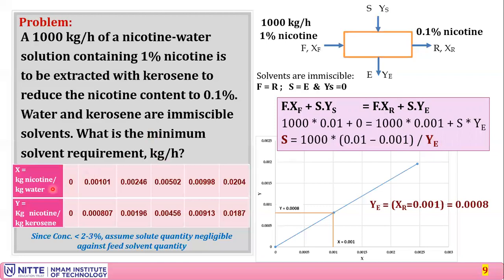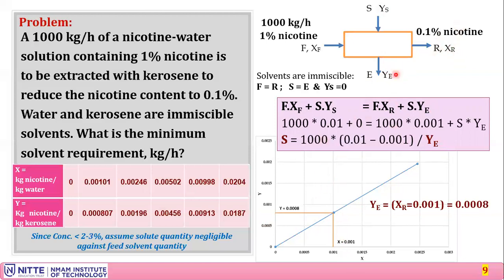We have been given the composition X versus Y data, which we can plot. If you see it, I have taken only three values, 1, 2, 3 of the whole data set. I have not drawn the whole graph. I have taken only three because my requirement is to calculate Y_E, and this Y_E I know is in equilibrium with X_R.